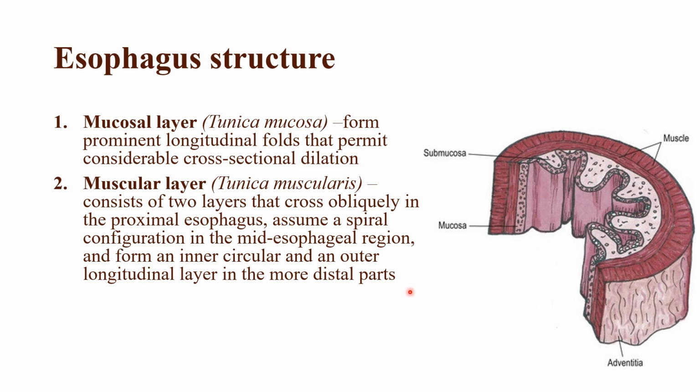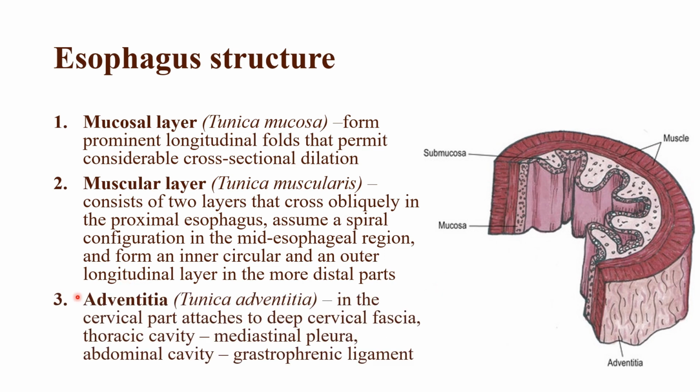So if you have a histological preparation of the esophagus, you can actually tell which part of the esophagus it came from, but it also varies between species, so we need to keep that in mind.